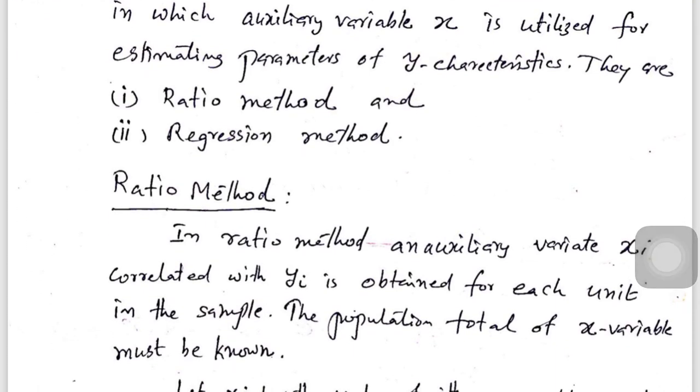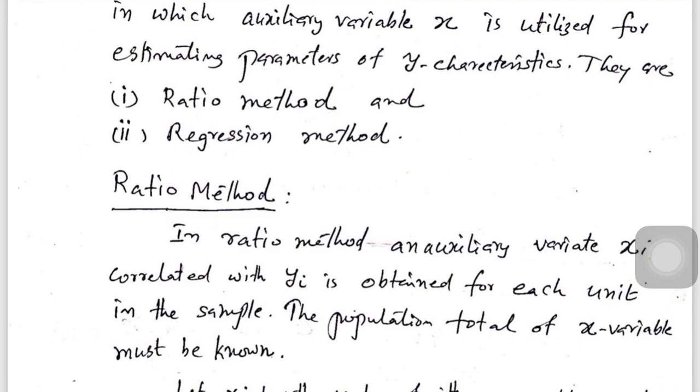As I have already told you, there are two variables. One variable is the main variable whose parameters are to be estimated, and it is represented by y. And in order to estimate the parameters of y, we are using a supplementary variable or an auxiliary variable x.